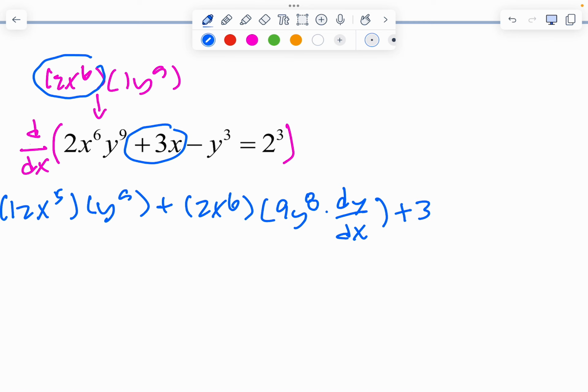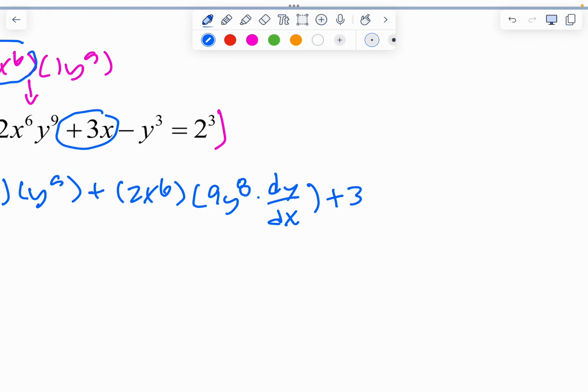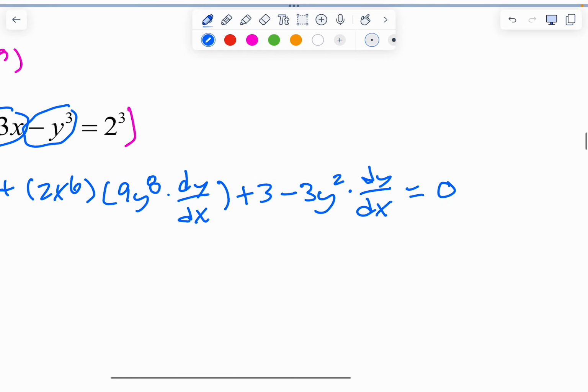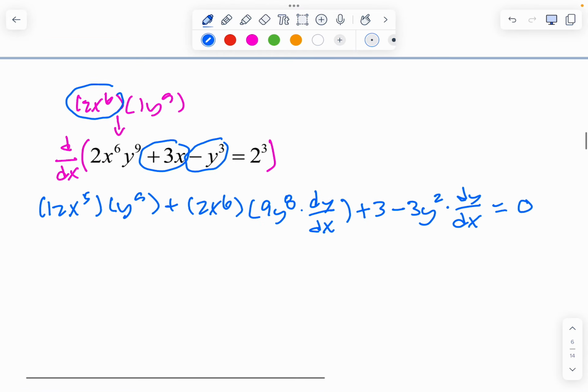Just 3. Okay, Brady, what about negative 1y to the power of 3? Negative 3y squared. And then, what else do I need to add? dy over dx. Very good. And then our derivative of any constant is how many? 0. And again, line 1 is the only calculus piece.